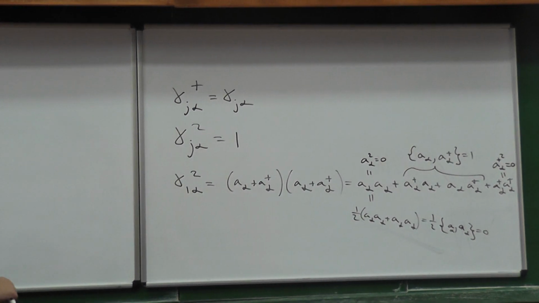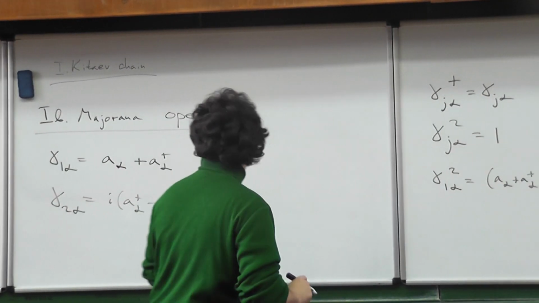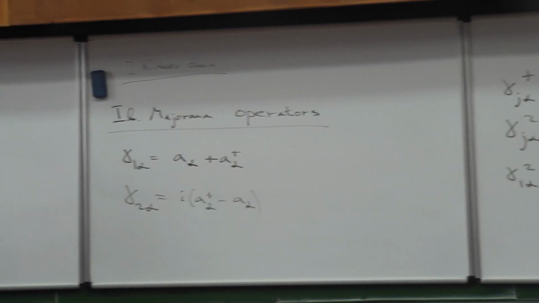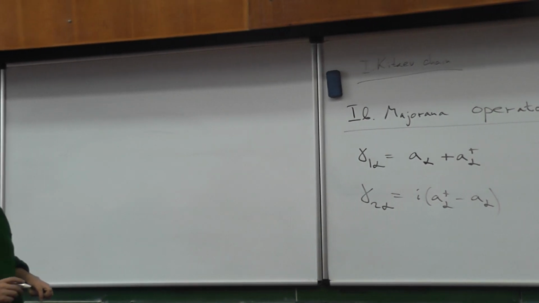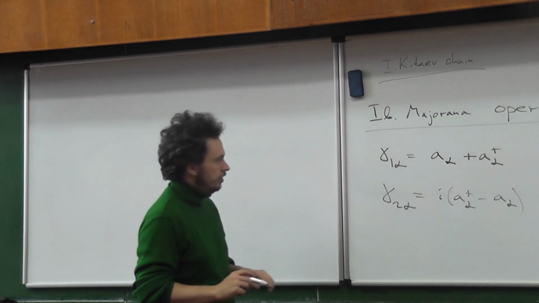The same can be done for gamma 2 alpha. And I can actually prove a property which is way, way more powerful.